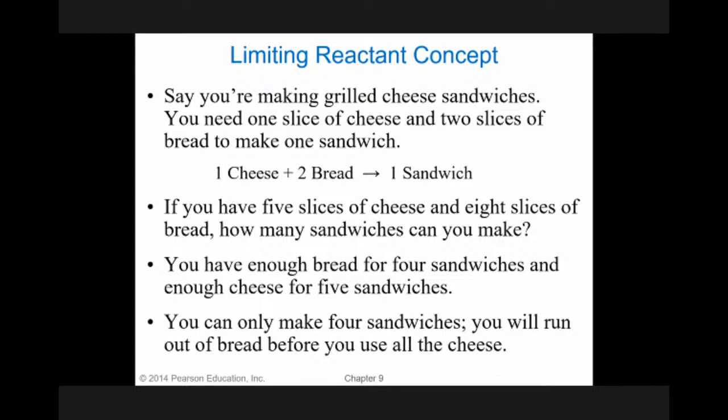You know the ratio is 1 to 2. 1 cheese, 2 bread. You can only make 4 sandwiches. You will run out of bread before you use all the cheese.